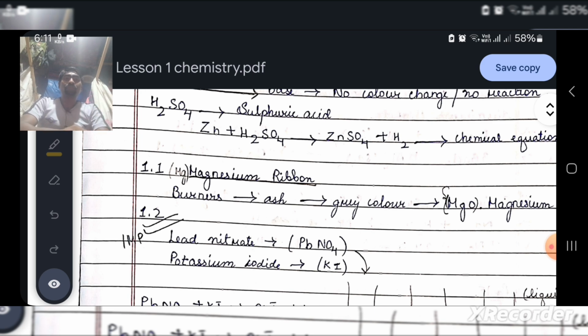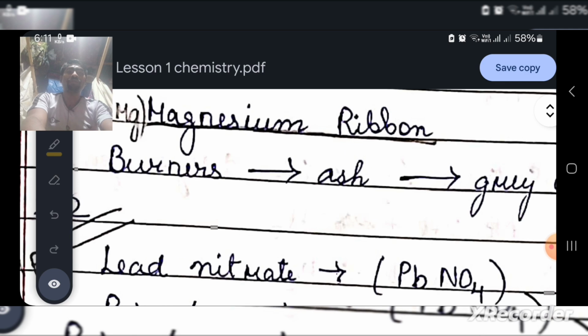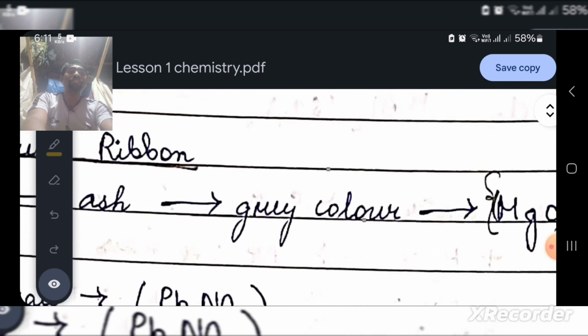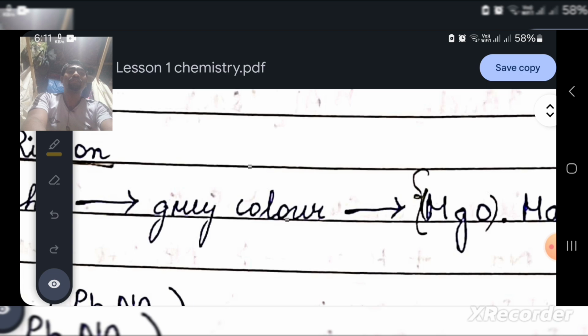When this starts burning, there is a chemical reaction going on. After burning, this magnesium ribbon turns into ash, and the color of that ash is gray.